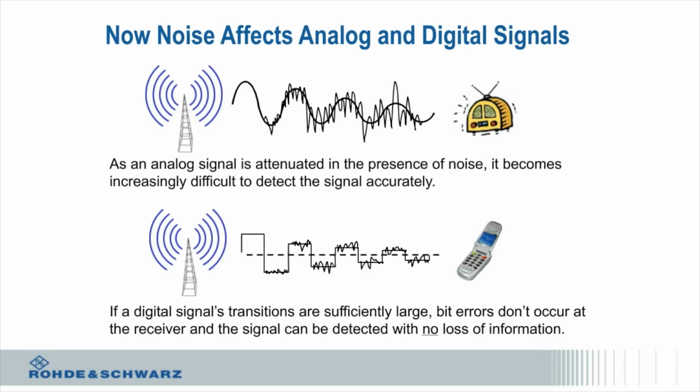Then there's noise from other things out there, people's cell phones, people's garage door openers. When we design a system, particularly on the receive side, we need to be aware of this noise and make sure that we can respond to our desired signals in the presence of noise. And you'll see as a signal is attenuated, i.e.